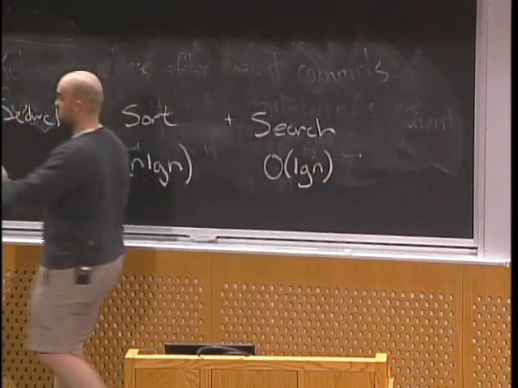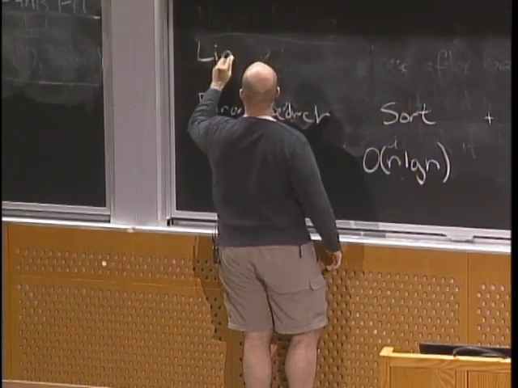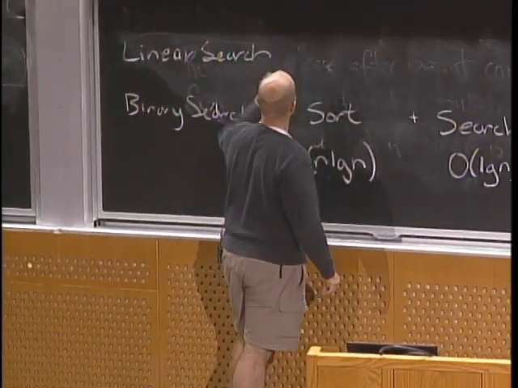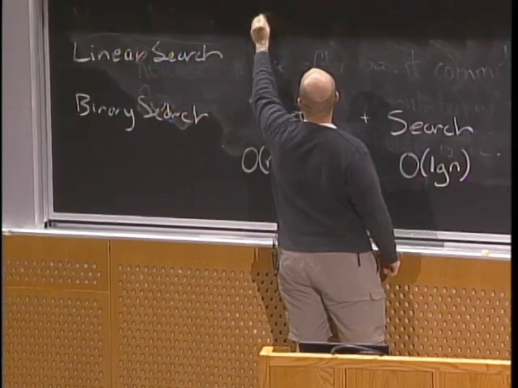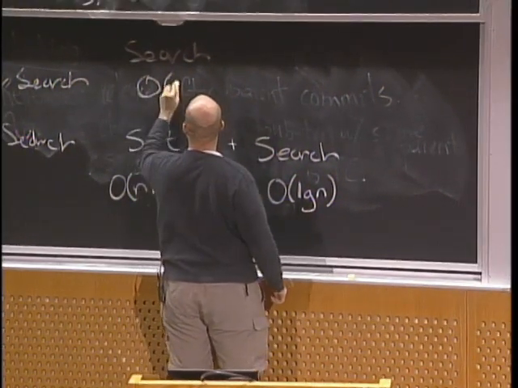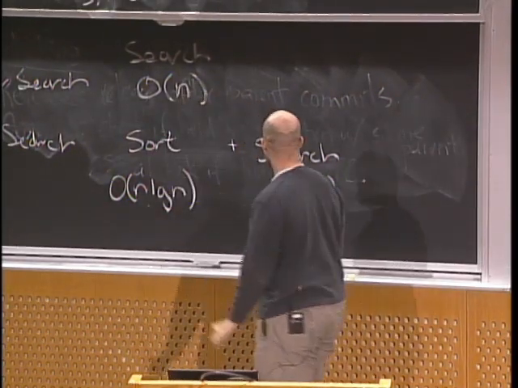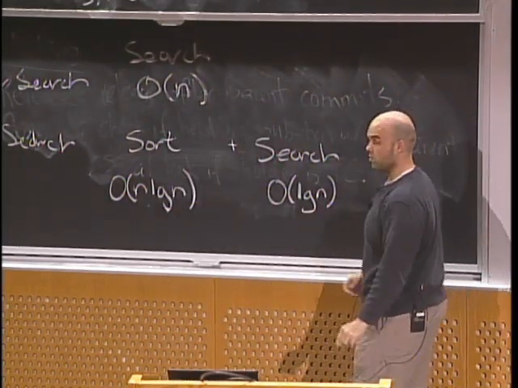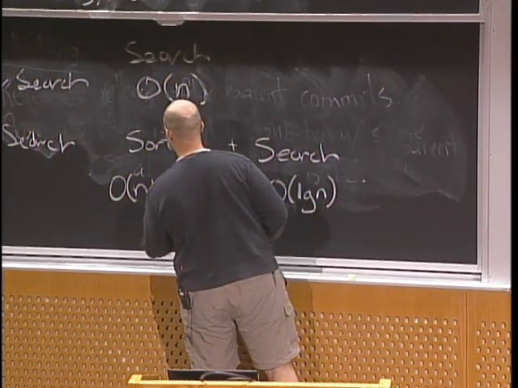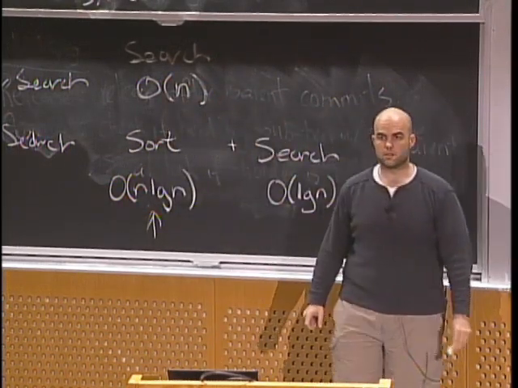Whereas if I do a linear search, I just have search. Right? And for just a single search, for binary search, the sorting is going to dominate my complexity.